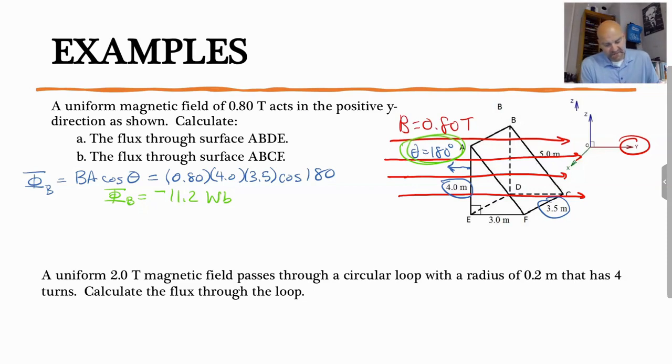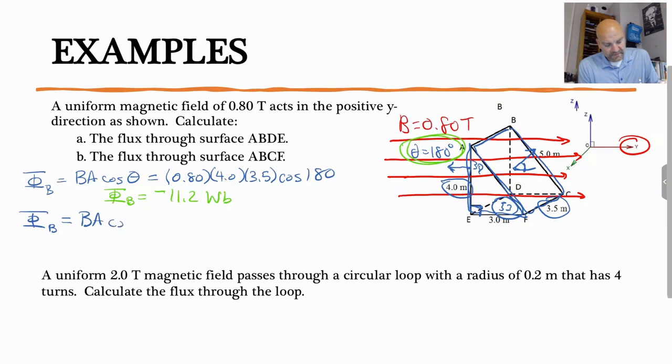Let's do the second surface, ABCF, which happens to be this tilted surface. Here's our surface, our dA, and we need to find the angle between them. If you remember a little bit of trig, you find that it's part of a 3, 4, 5 triangle where the angles are 53, 37, and 90. You'll find that the surface is tilted at 53 degrees.